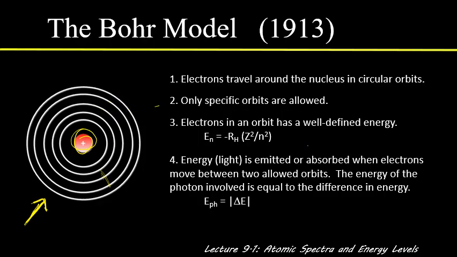So basically, what the Bohr model is saying is, let's say you have an electron out here in orbit number 4, and it drops down into orbit number 1. As that electron drops down to a lower orbit, its energy decreases, and so there is some surplus energy, and that energy is given off as a photon.